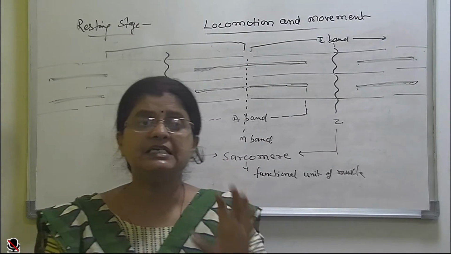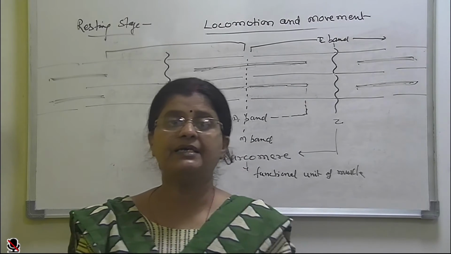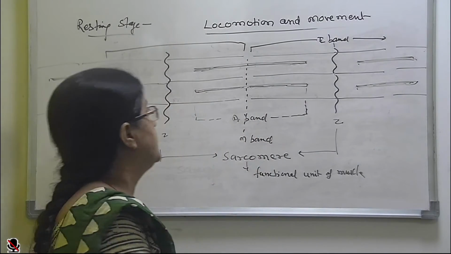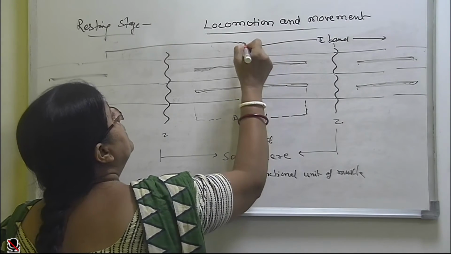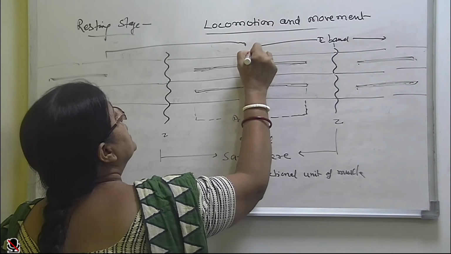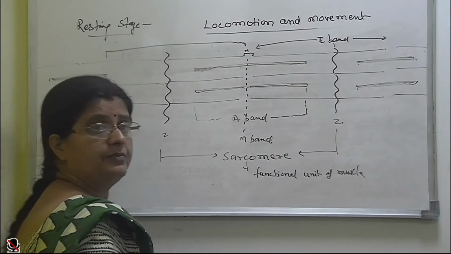Now this central part of the thick filament, which is not overlapped by the thin filament, is known as the H zone. This is known as the H zone, right?